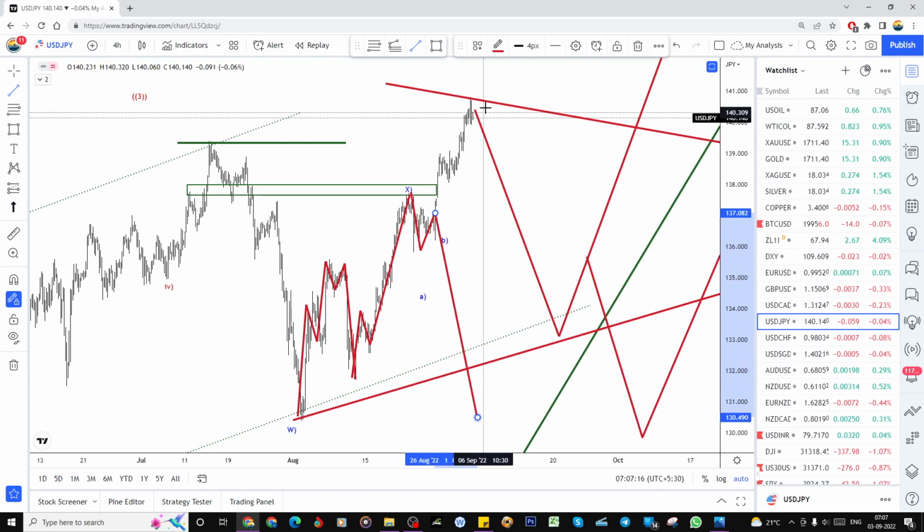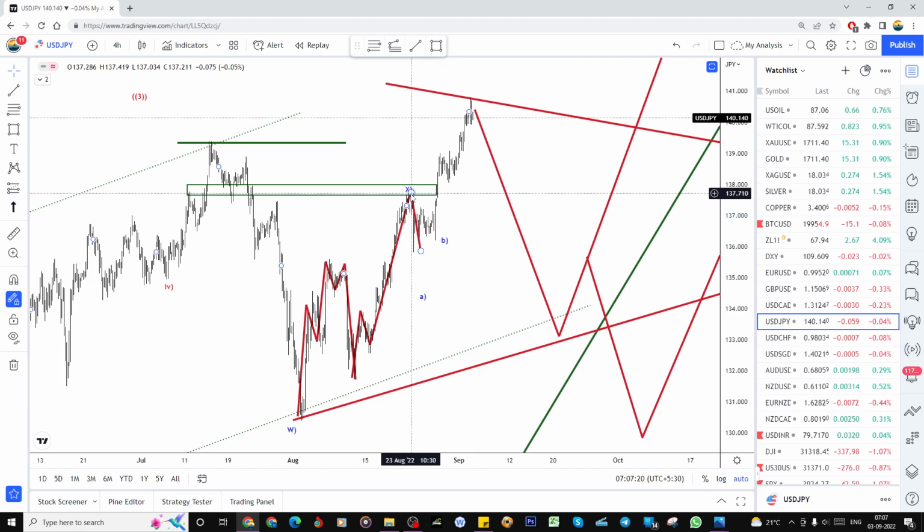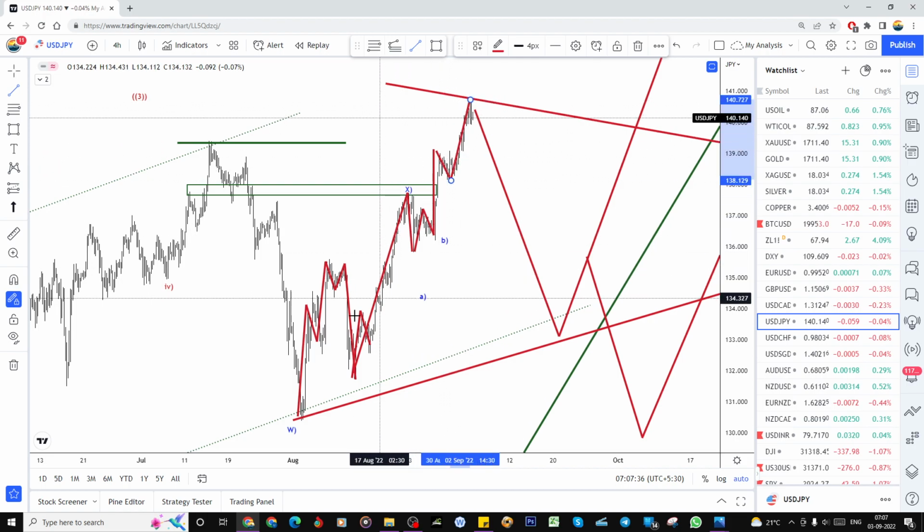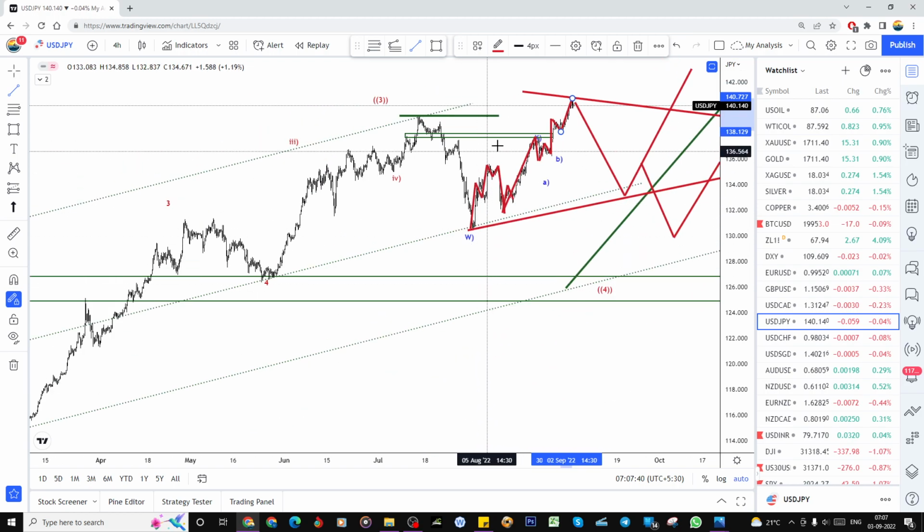But what did it do? Even so, the pattern is still valid. So A, B, C is a W. This is the one X. So this whole thing becomes A. This is the one B, and later on it's 1, 2, 3, 4, and 5. So this is W, X, and A, B, C is a Y. So anyway, the three-wave structure has been completed.